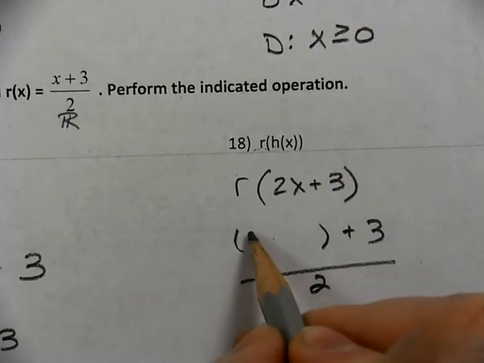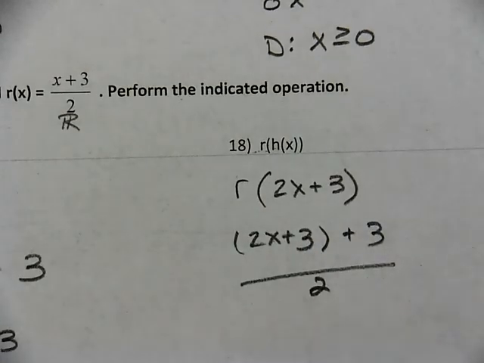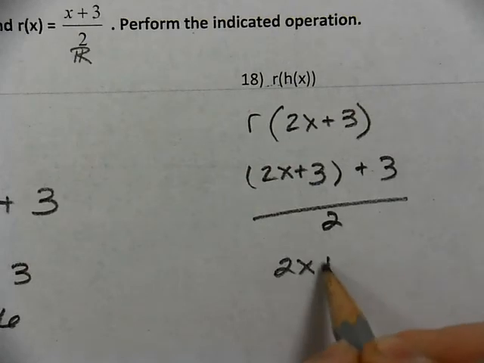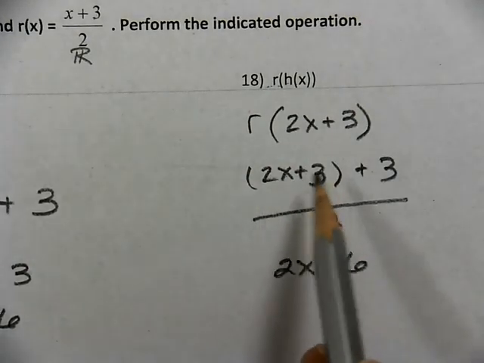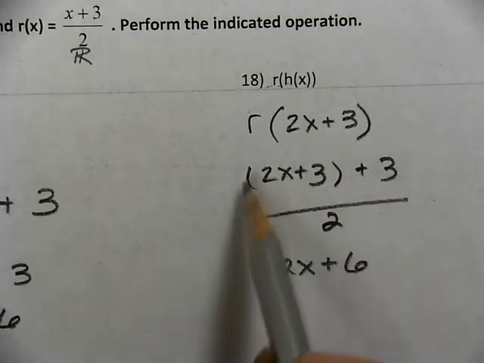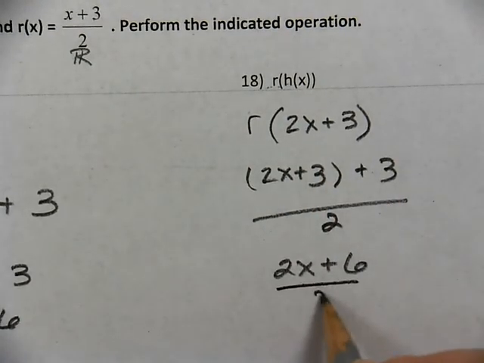Well, that something is the 2x plus 3. Here we can clean that up to be 2x plus 6. There's nothing else we can do with the 2x plus 3, and the 3 is being added to that. You don't distribute it in, you only do it with the like terms. It's not multiplication. And we have the division by 2 on the bottom.